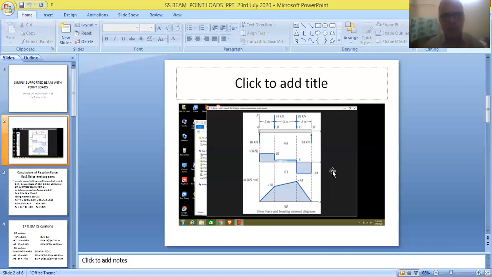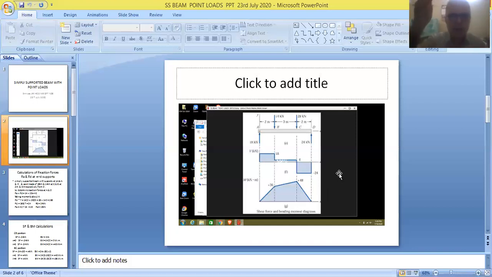These signs are very, very essential for writing SF and BM equations properly. If instead of the plus symbol you use the minus symbol, you will go wrong in calculations.